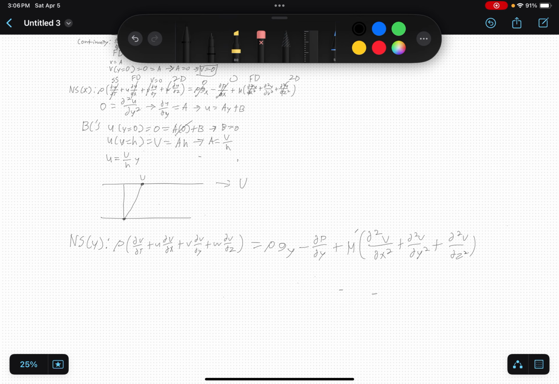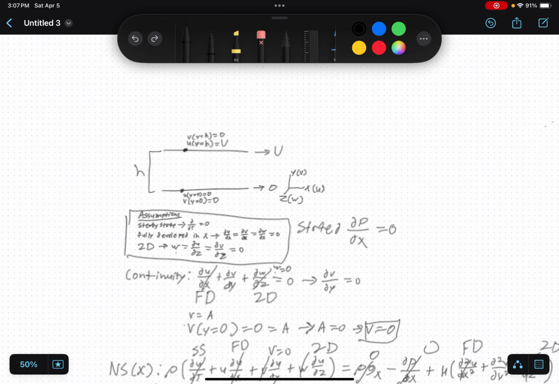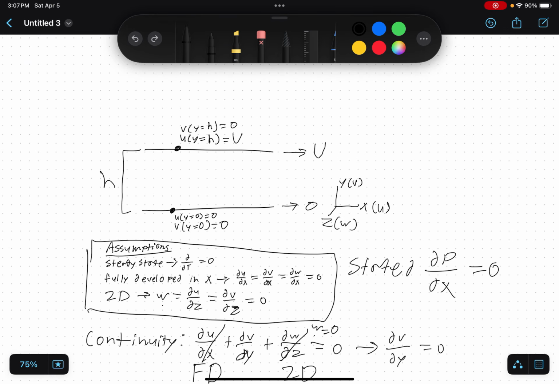So, what can we cancel out? We can cancel out this term, steady state, this term, fully developed, this term, V equals 0, this term, and this term, 2D. This term, we can't cancel out, because in this problem, 100% of gravity is pointing in the y direction, because gravity is pointing down, and y direction, we said, is pointing up.